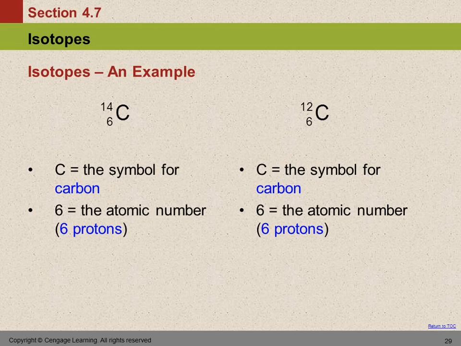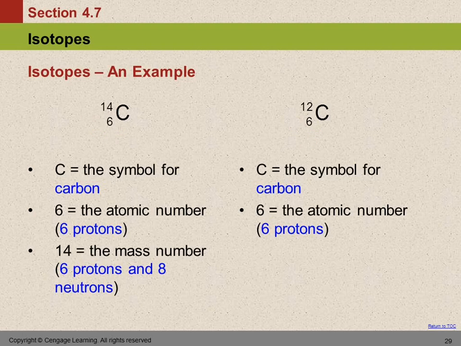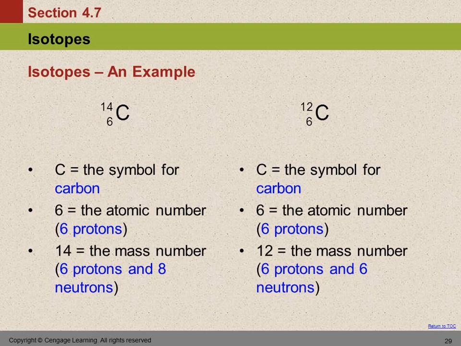And if we take this, it's like it's set up for subtracting, isn't it? 14 minus 6 is 8. 12 minus 6 is 6. The mass number is 14. That means there's 6 protons and 8 neutrons. On this guy, 12, 6 protons and 6 neutrons.